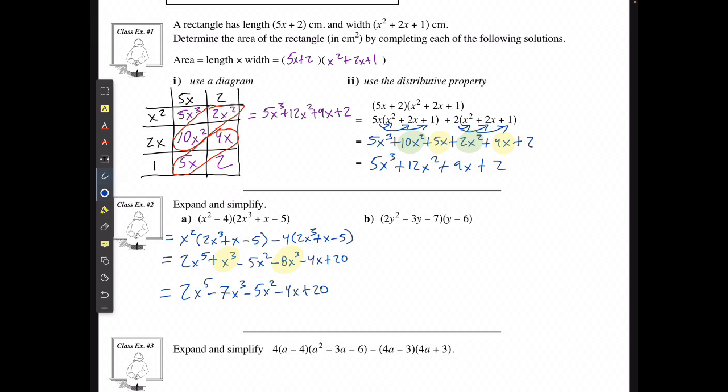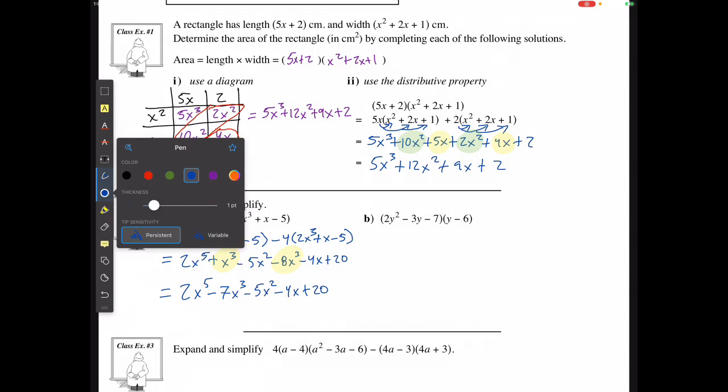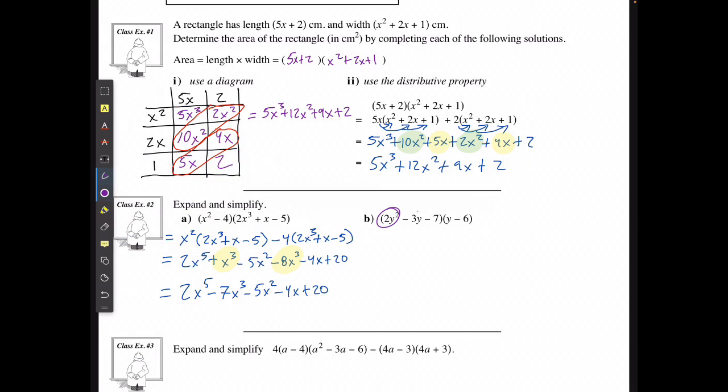I could use the same principle with the second one and say that I'm going to multiply all three of the terms here by the binomial. So I could say that this would be the same as 2y squared times y minus 6, minus 3y times y minus 6, minus 7 times y minus 6.